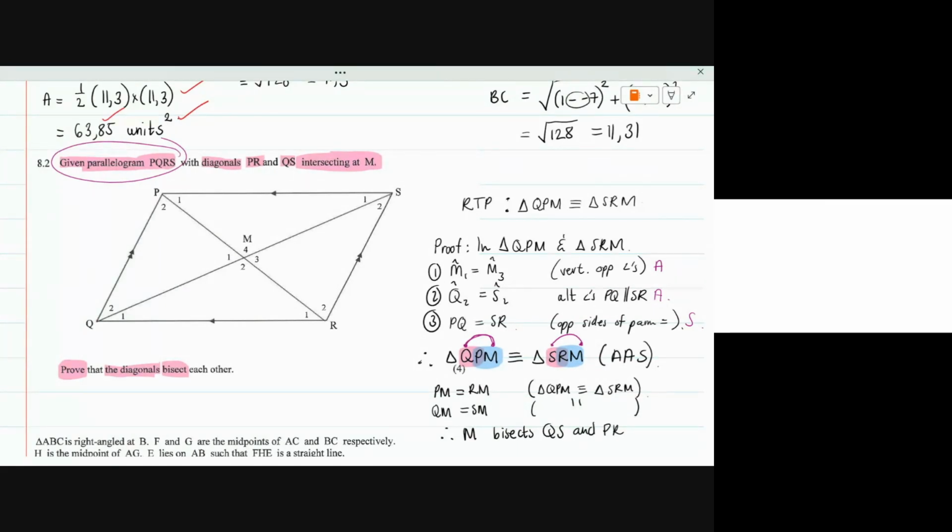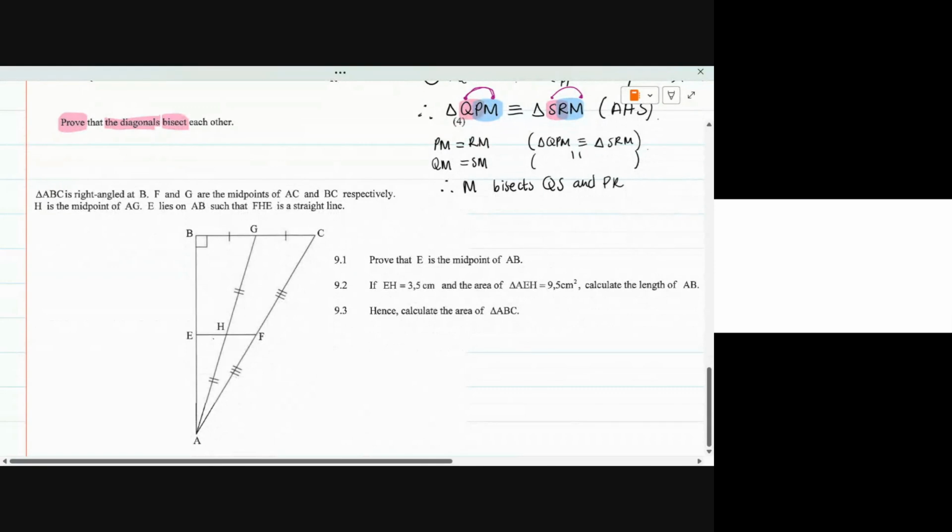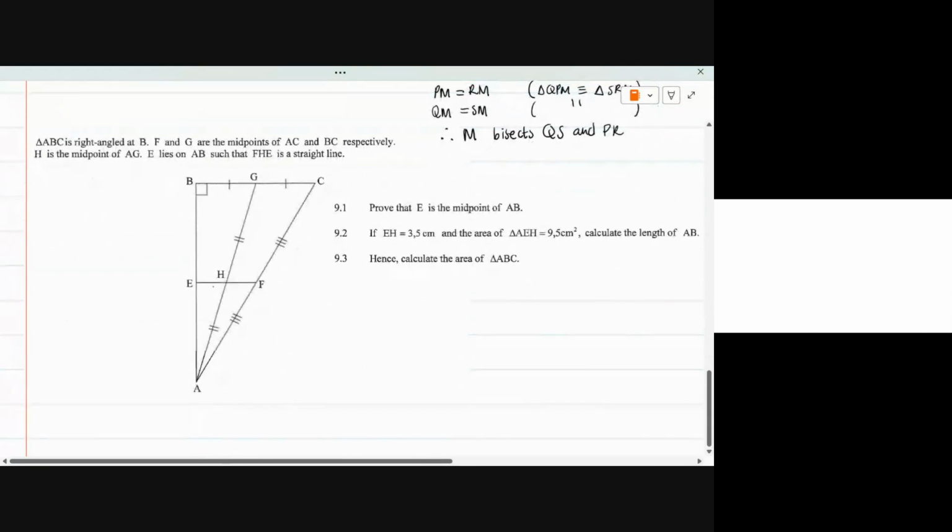Okay. All right. Here is your next question. Okay, what are we looking at here? What do we see? Good. We see the midpoint formula. Lovely.